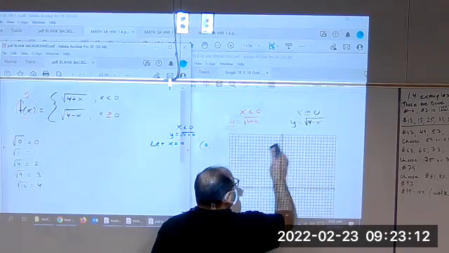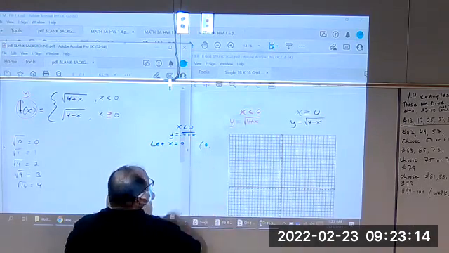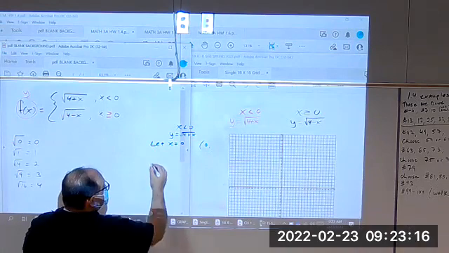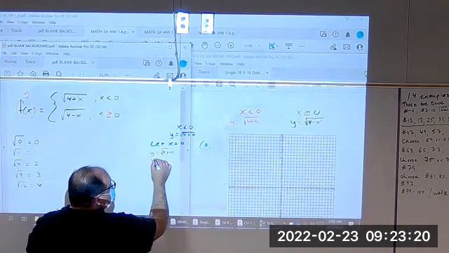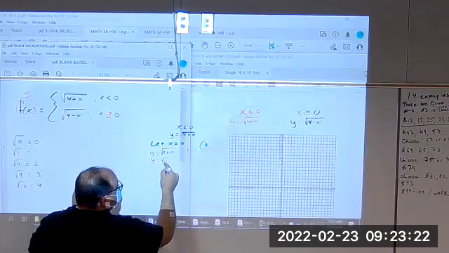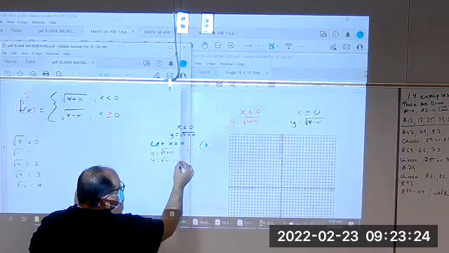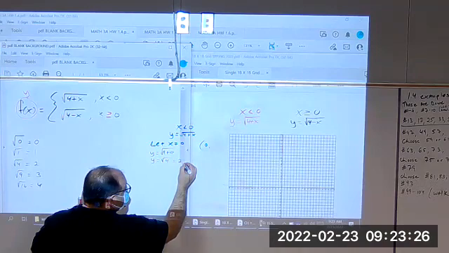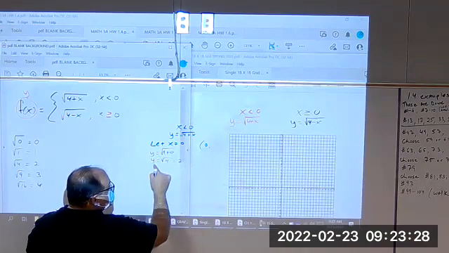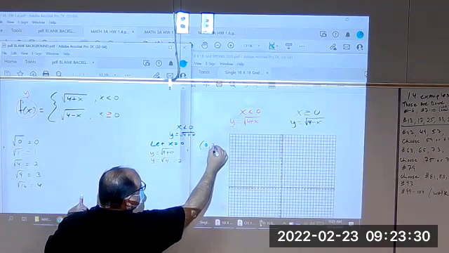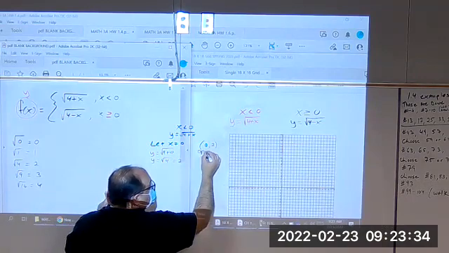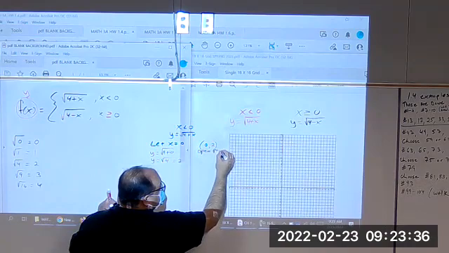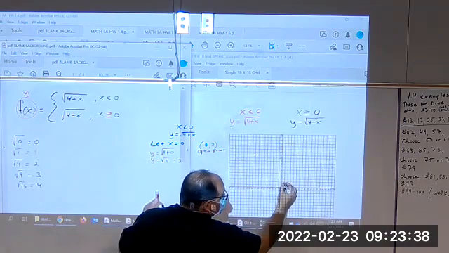Okay, so we start with 0. When I plug it in, we get y equals the square root of 4 plus 0, which is y equals the square root of 4, which is just 2. So when I plug in 0 for x, we get a 2 for y, and that is going to be an open point at (0, 2).